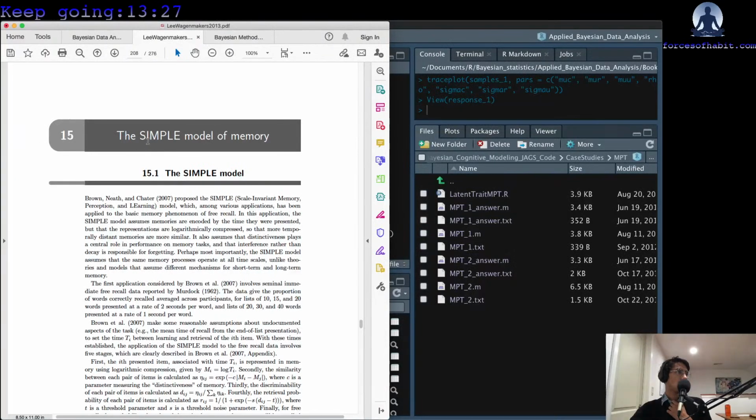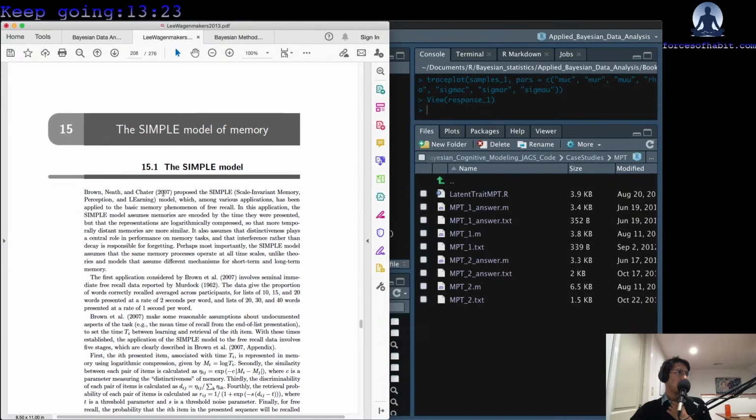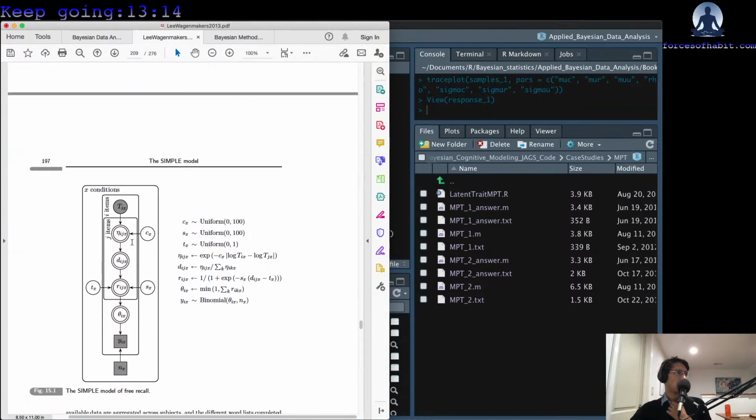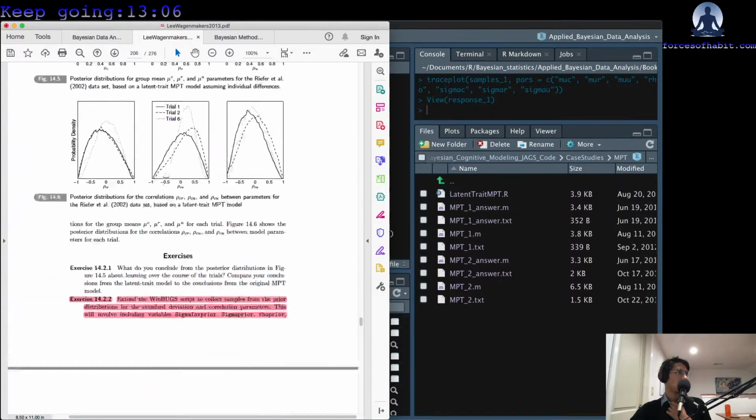And then it looks like next time we'll move into the simple model of memory, a scale invariant memory perception and learning model, 2007. Maybe I'll be able to do a little prep reading beforehand, because this looks like it's going to be layered with items within items and conditions. So that looks interesting.